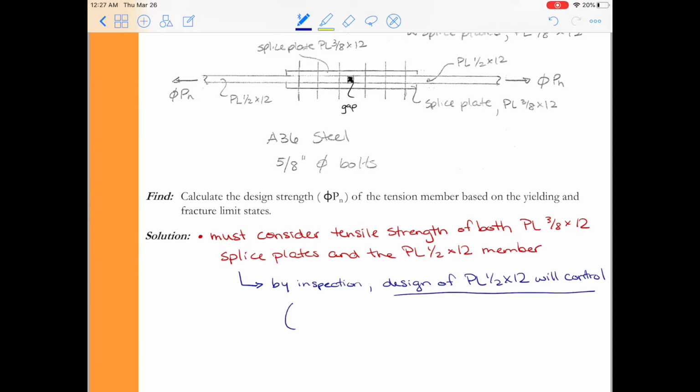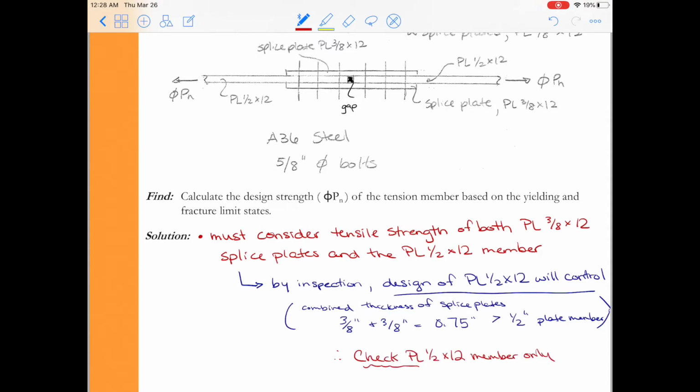So we have a combined thickness for the splice plates of 3/8 plus 3/8, a total of 3/4 inch thickness versus the half-inch thickness of the PL 1/2 by 12 member. Therefore, we're only going to check the PL 1/2 by 12 member for these calculations.